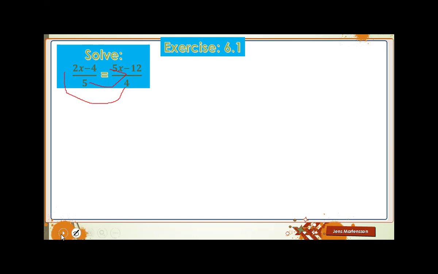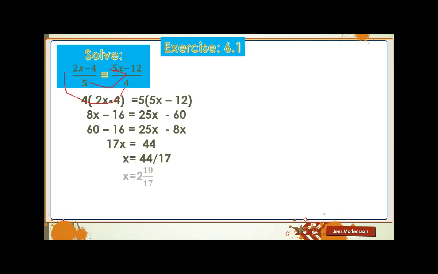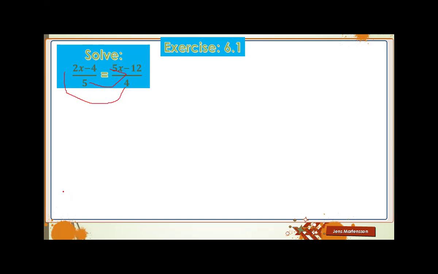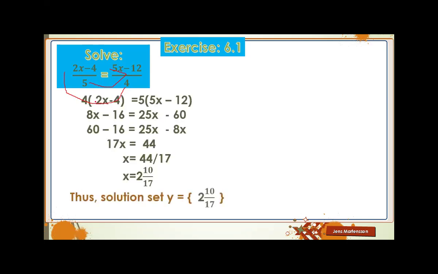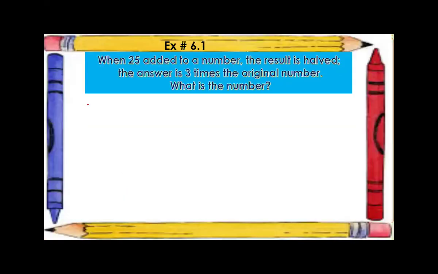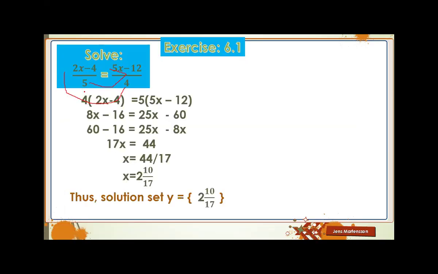So we get 4 into (2x minus 4) on the left hand side, and 5 into (5x minus 12) on the right hand side. Now 4 is going to be multiplied with the whole bracket. 4 2s are 8x minus 4 4s are 16, right? Now 5 5s are 25x and 5 12s are 60.